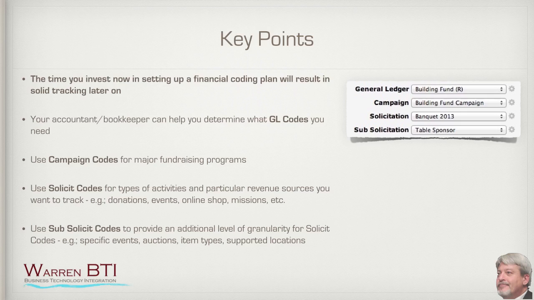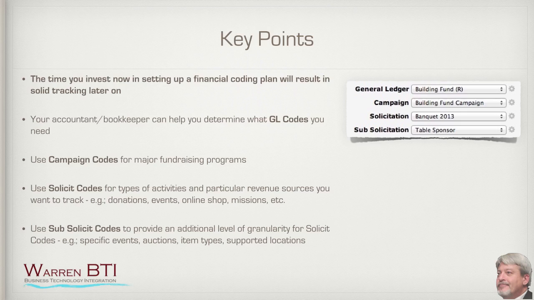Regarding GL codes, if you're not sure of what GL codes to use, your accountant or bookkeeper can definitely help you determine what GL codes you'll need for your system. Use campaign codes for major fundraising programs. Use solicit codes for types of activities and particular revenue sources you want to track, such as donations, events, online shop, missions, and so on.